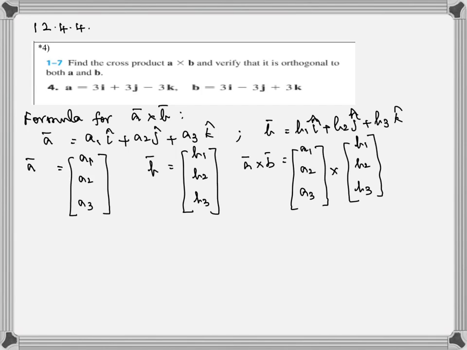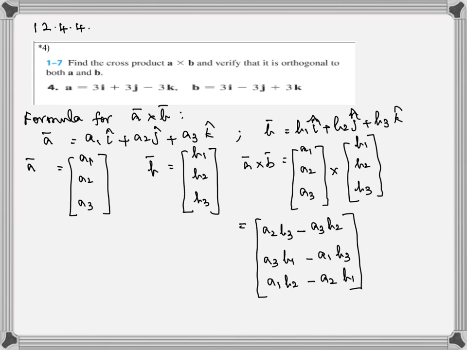In order to do that, we actually take a rule. We first hide A1, the first row, then it is A2 times B3 minus B2 times A3. And then for the middle, we have to actually switch the sign, then it will become A3B1 minus A1B3.